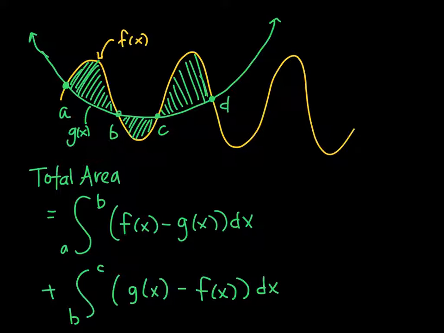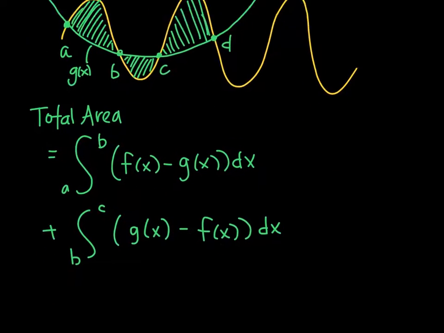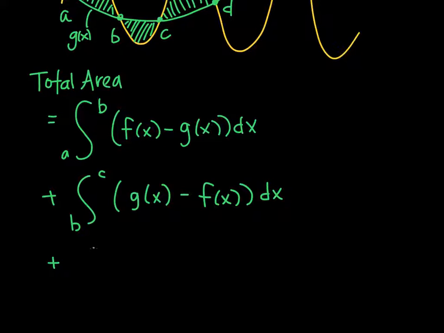And you'll have to figure that one out. And then finally, when we get to C to D, it's back to normal again. It's back to the way where f of x is the upper minus g of x being the lower.